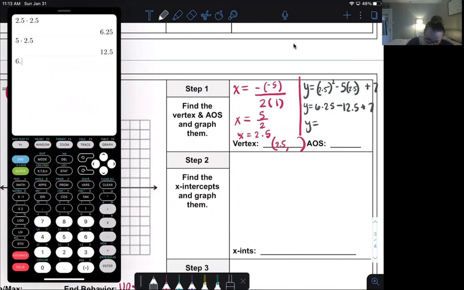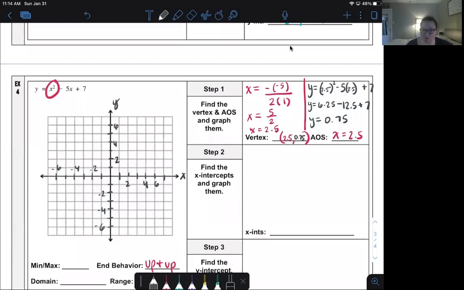So 6.25 minus 12.5 plus 7 is 0.75. And then our axis of symmetry is x is equal to 2.5.